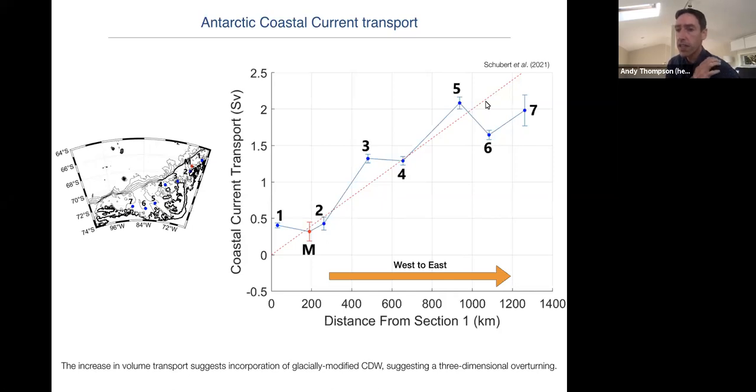What it's really doing is modifying the density structure and thus changing the strength of the geostrophic flow along the coast there. And so again, this gets back to this three-dimensional interaction between what is essentially a zonal boundary current or coastal boundary current interacting with the overturning circulation that is being supported by the troughs and the ice shelf cavity.